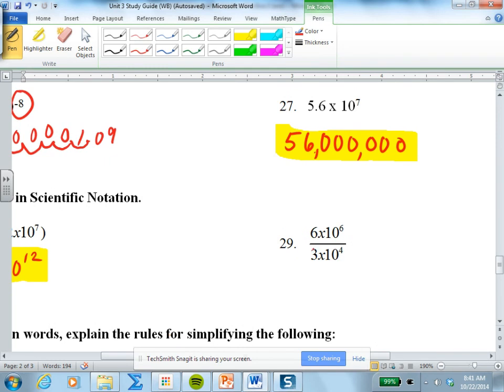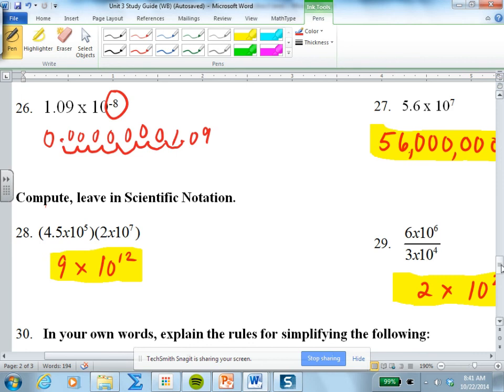Quotient rule on the next one, 6 divided by 3 is 2. 10 to the 6 over 10 to the 4. 6 minus 4 is 2. So this is just 10 to the second, and 2 times 10 to the second is 200.